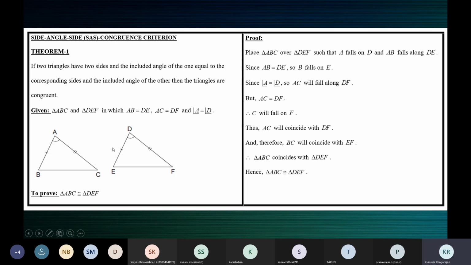How wide the mouth is, is the same for both. So the side AC will fall along the side DF. Once you've adjusted on this side, you don't have to adjust here. You will see that AC falls along DF.